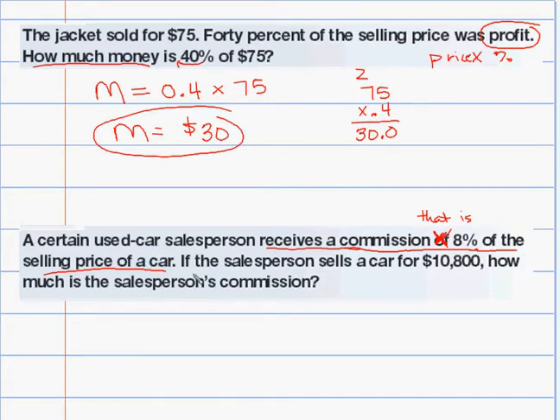8% of the selling price of a car. So, how much is the salesperson's commission? So I'm going to put C, commission, has to equal 8% of the selling price of a car. So 8%, I'm going to write that as, let's go 8 over 100 this time. 8 out of 100.